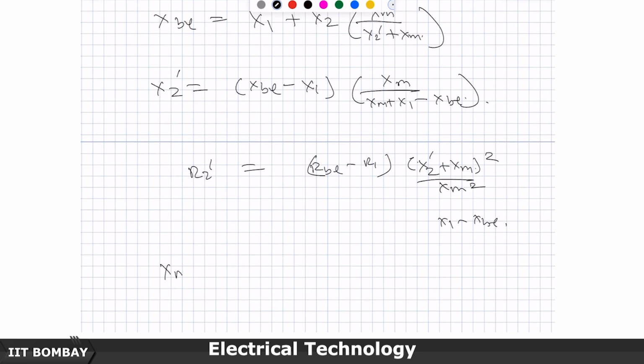So we have to calculate the expression for x_m, and for that if I take this equation, that x_NL, the no load test reactance, which was the self inductance measured, is x1 plus x_m.